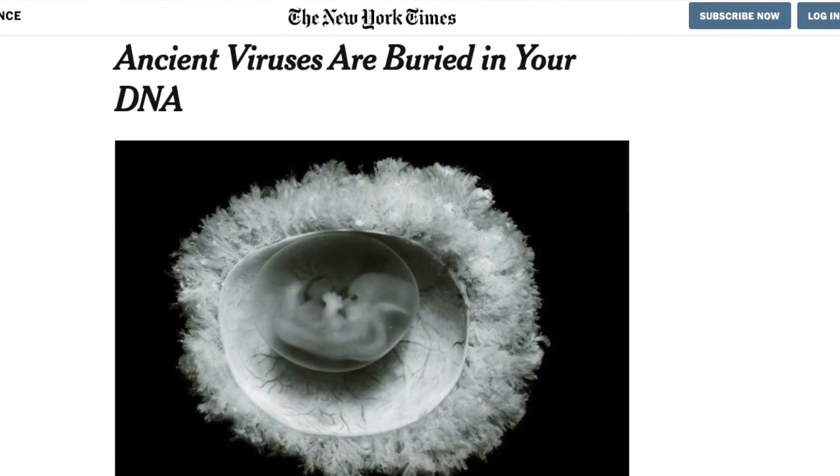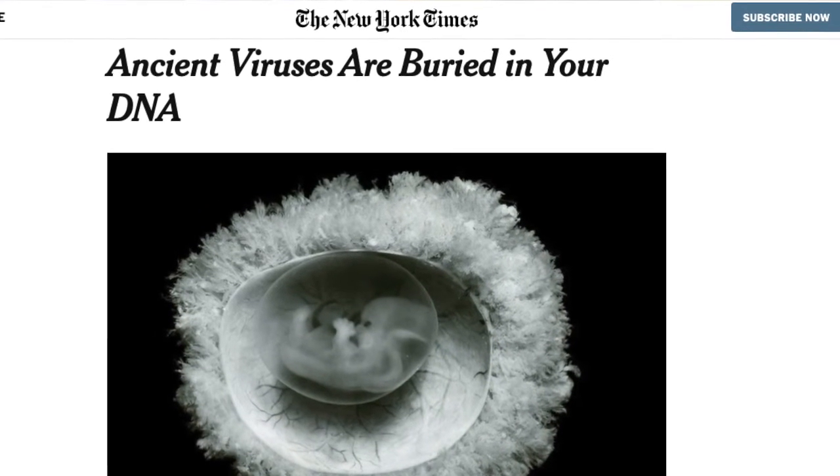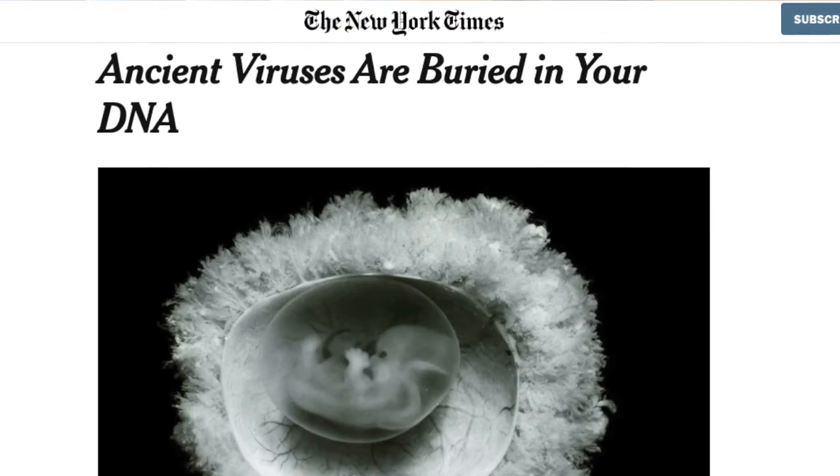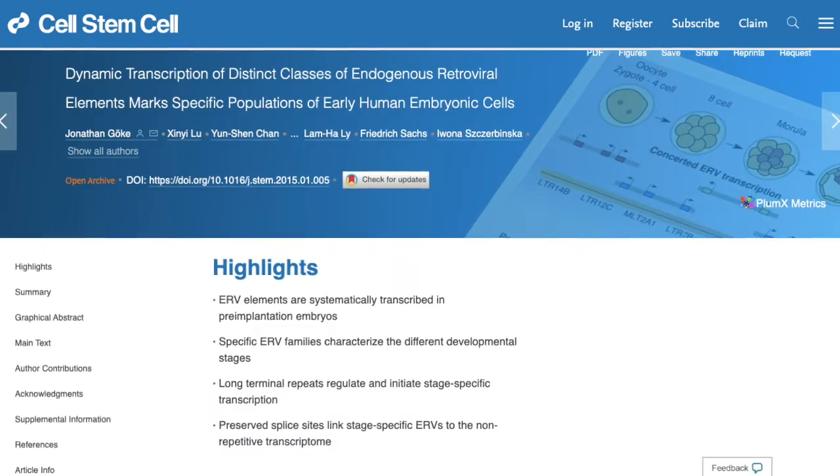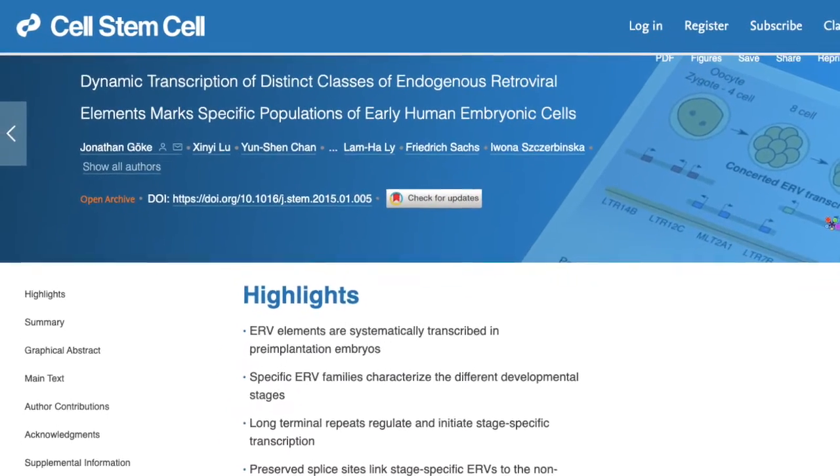There's even some evidence that this ancient viral DNA has been in the human genome so long that it might help us or play a role in our development. There are a couple of studies that have shown that viral DNA gets expressed specifically during fetal development, whenever a fetus is in the womb developing into a baby.